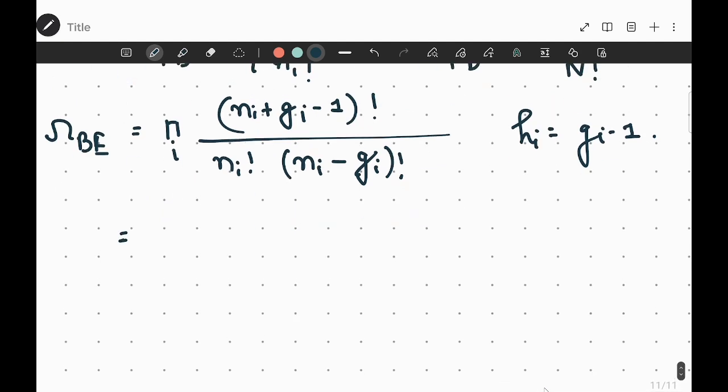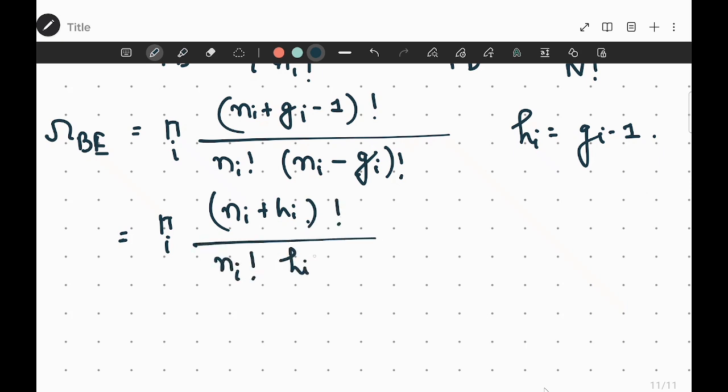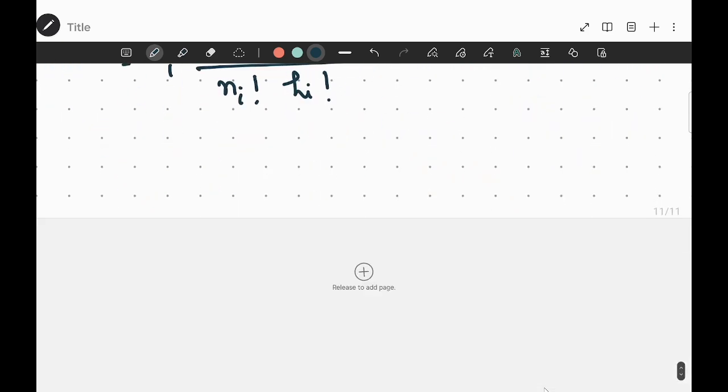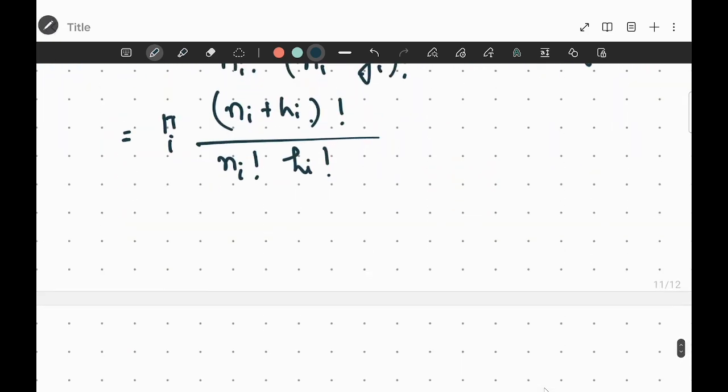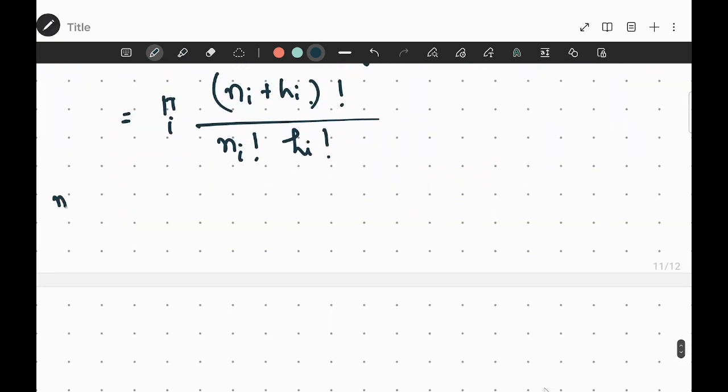So what you can write is ni plus hi factorial divided by ni factorial hi factorial.